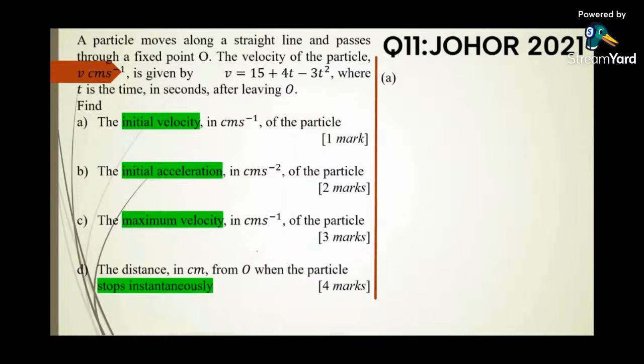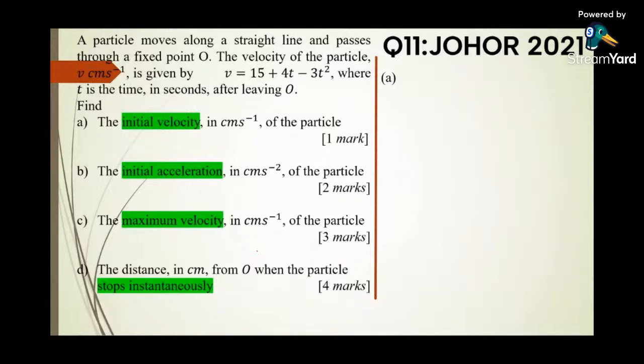Okay, yang B initial acceleration, I think this is the first time yang kita jumpa initial acceleration ni. So kita dapat sama saja. Initial acceleration maksudnya kena cari apa dulu? Okay, kita cuba.